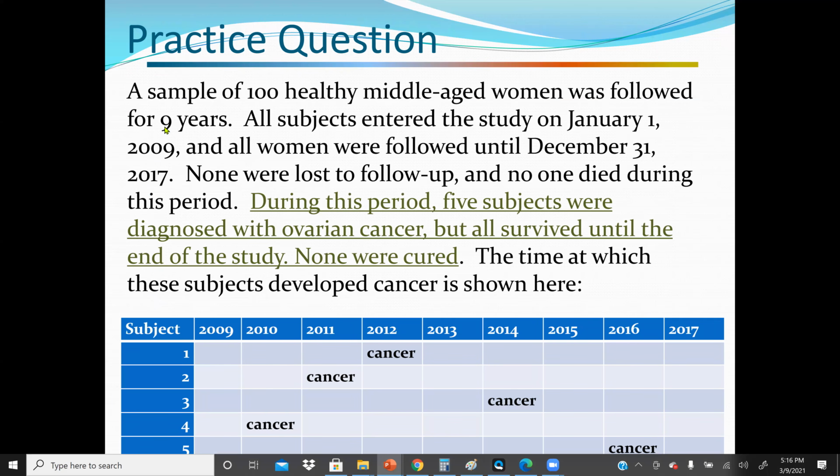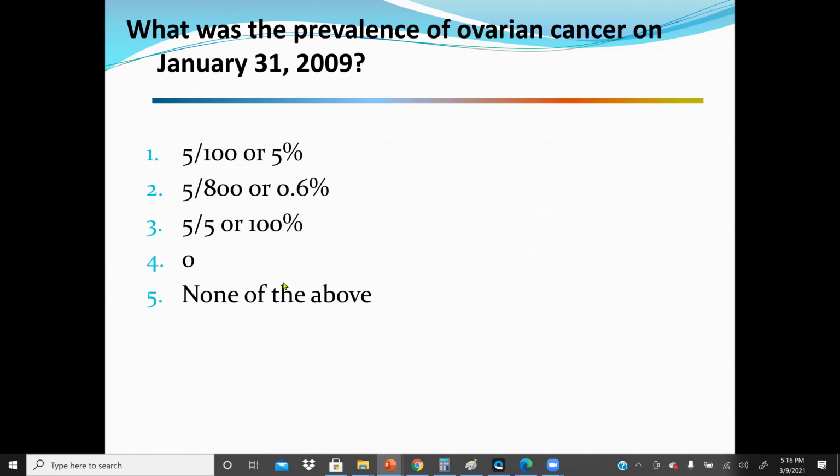Let's go back again. Oh, sorry. The sample of 100 healthy middle-aged women was followed up for 9 years. So we have a population of 100. None were lost to follow-up. And during this time, we have to look at the time.